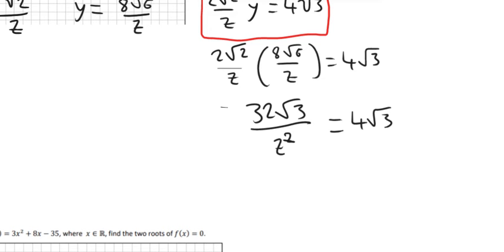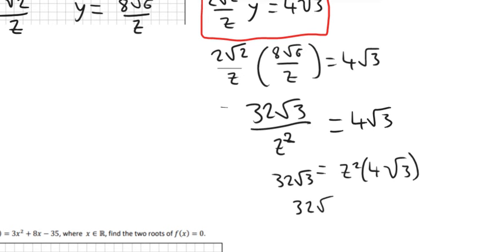If you multiply both sides by z squared, you get z squared times 4 root 3 equals 32 root 3, and then if I bring across the 4 root 3, I get 32 root 3 over 4 root 3 has to be equal to z squared.